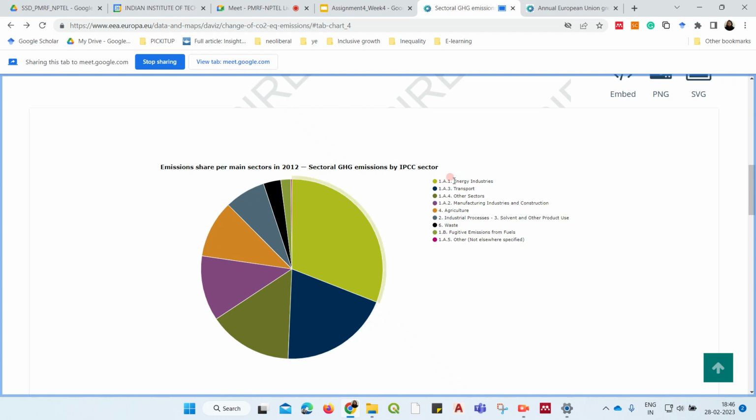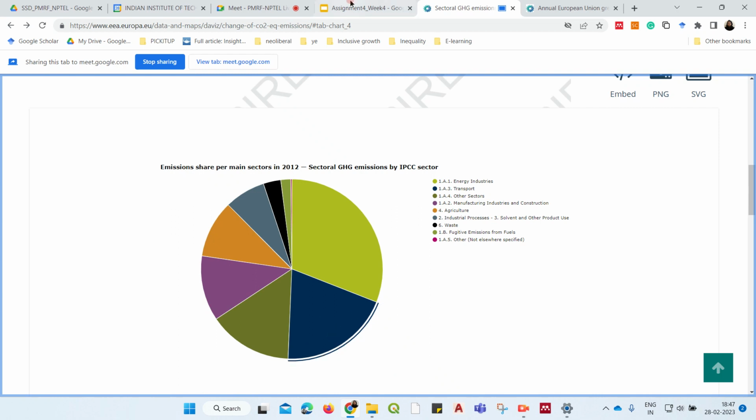So you can see this chart shows different sectors and what their share is. So energy industries, transport, other sectors, manufacturing, agriculture, everything. So this here is energy industry and this here is transport. So what this shows actually is the absolute emission share.